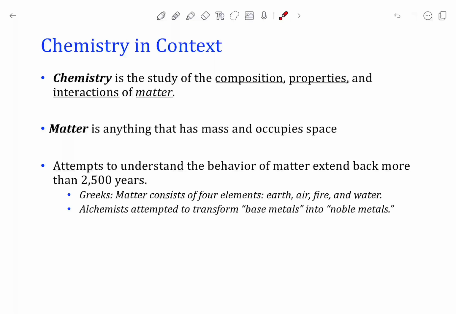The Greeks discovered the four elements: earth, air, fire, and water. And alchemists, way back when, attempted to transform metals into noble metals, and that's how they were able to start making medicines, way back before we had chemistry textbooks that could tell us exactly what to do.